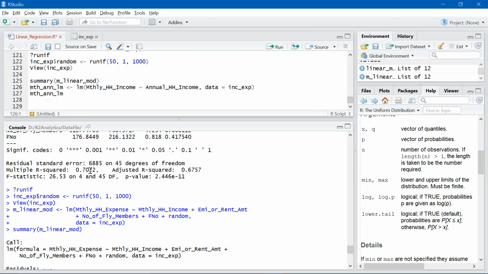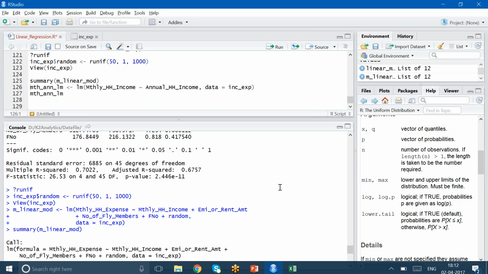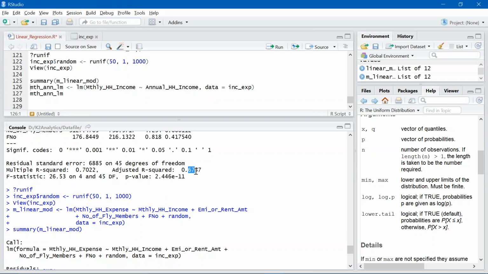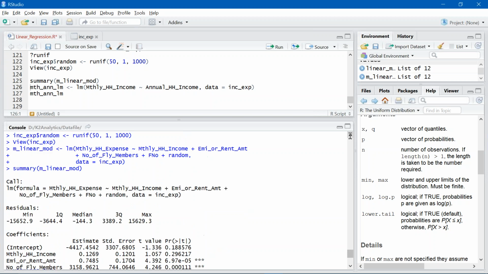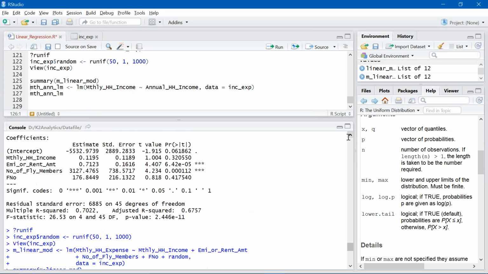So when you go to multiple linear models, you are not supposed to see R square, you are supposed to see adjusted R square. Now the adjusted R square of this model is 0.6721, after I added one more junk variable, and that was 0.6757. Actually, adjusted R square has gone down instead of increasing.